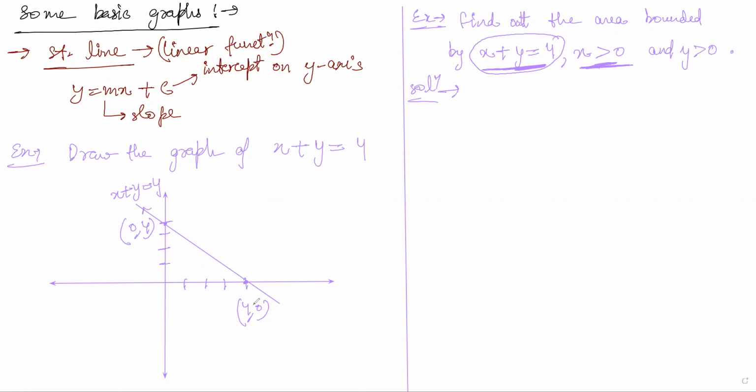Can you guys tell me which portion on this graph suggests that x is greater than 0? Also, you can think in terms of quadrants: first quadrant, second quadrant, third quadrant, fourth quadrant. Which quadrants will give you x greater than 0? The question is this.